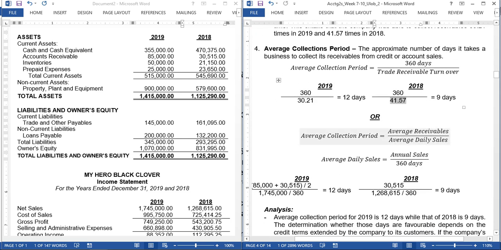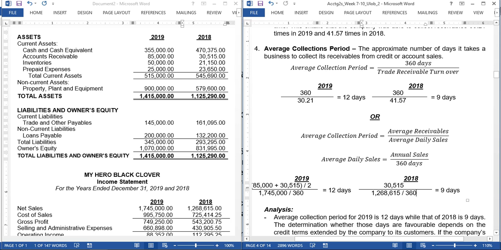So, average receivable divided by average daily sales. So, average receivable yung kanina. So, daily sales, 1745 na total for the entire year divided by 360. And, same yung kanina, 3515, no need to average since beginning lang man, ending lang man siya, wala data for beginning. And 68615 divided by 360, so nasa 9 days. So, same. They have the same result.